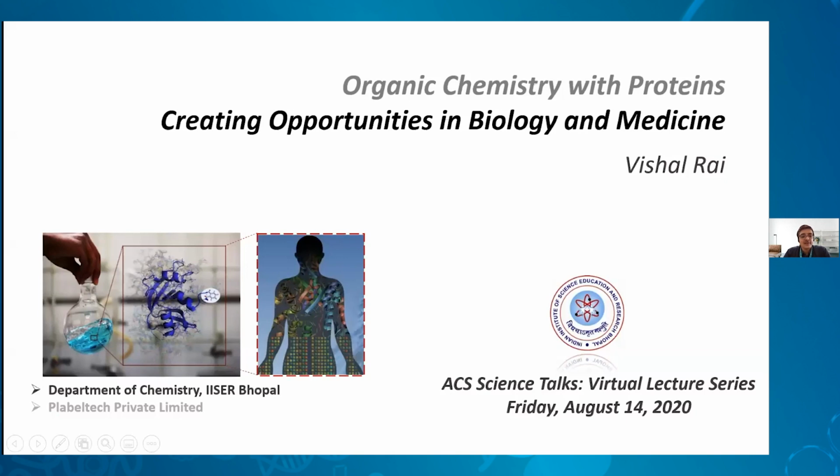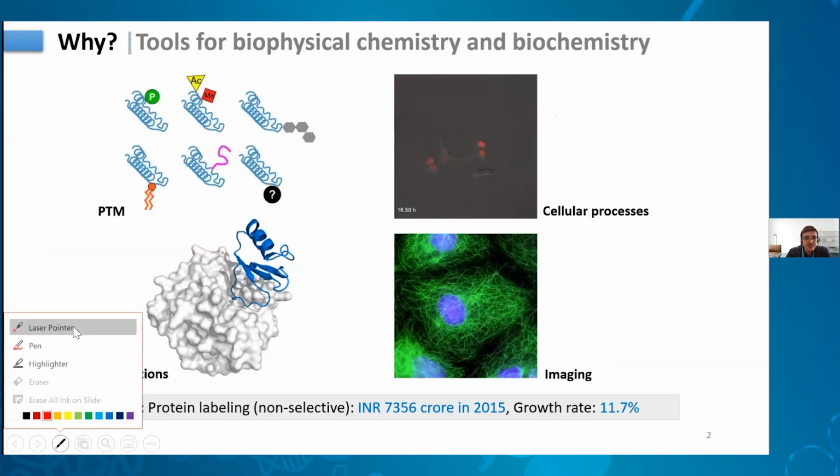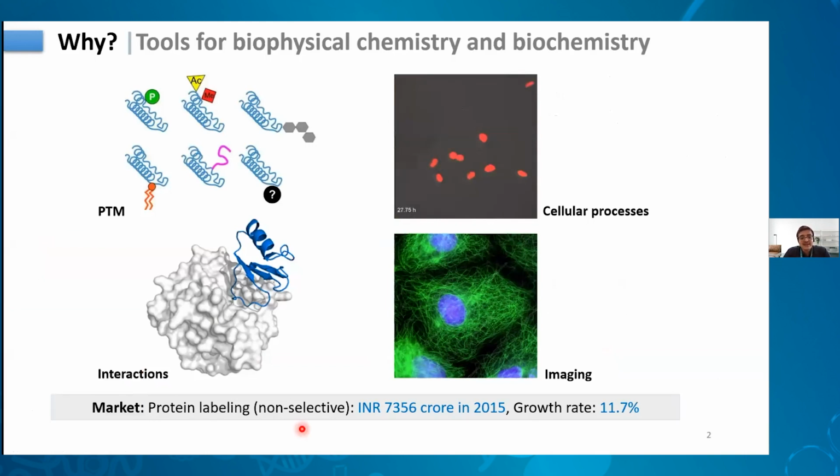The basic knowledge of reactivity and diverse aspects of selectivity with proteins provides a great opportunity to contribute to the market of biophysical and biochemical tools. Now, the fact that this segment is doing pretty well, even with the non-selective kits, tells a lot about the potential opportunities that lie ahead for the selective technologies.